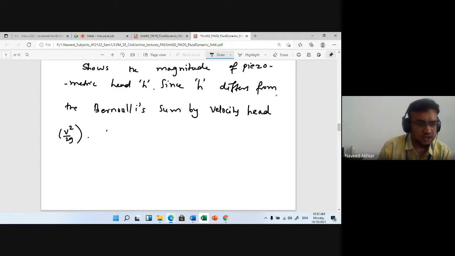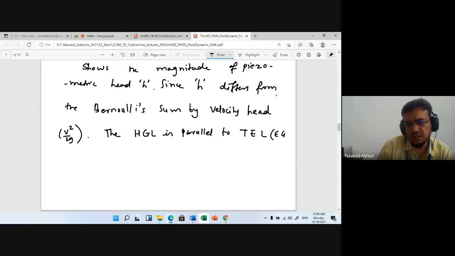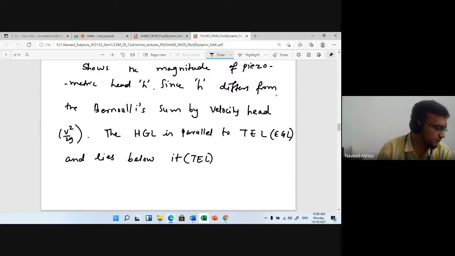Therefore, the HGL, hydraulic grade line, is parallel to the TEL, that is the total energy line, but it lies below it by an amount V square upon 2G, because we are not considering V square by 2G.